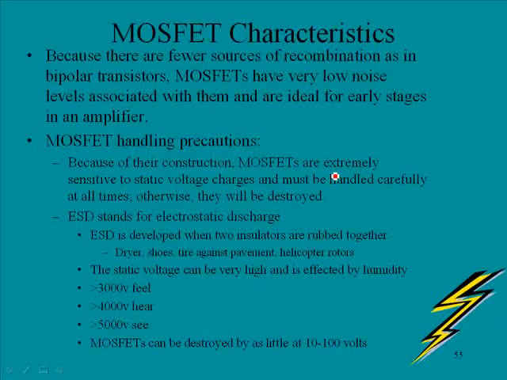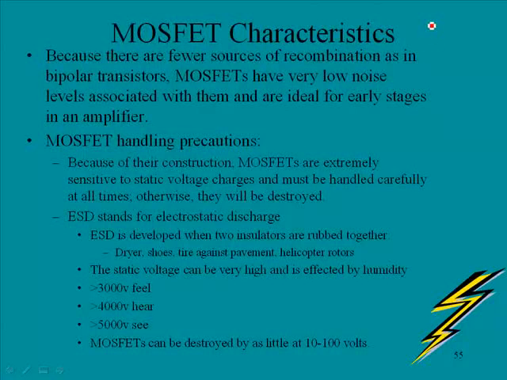MOSFET characteristics. Because there are fewer sources of recombination, as in bipolar transistors, MOSFETs have very low noise levels associated with them and are ideal for early stages in an amplifier. Okay, what's this mean? Because there are fewer sources of recombination.